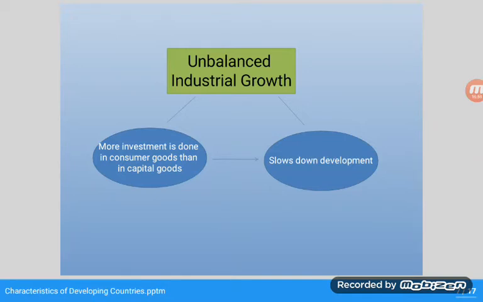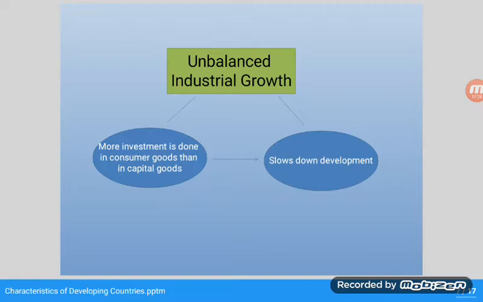So if the government is left with little saving, and they are not establishing such industries, more investment from the private sector is going to come in consumer goods, because that needs little finance, and the results are also speedy. When we have consumer goods industries established, you earn money more quickly. So more investment is being done in consumer goods than in capital goods.